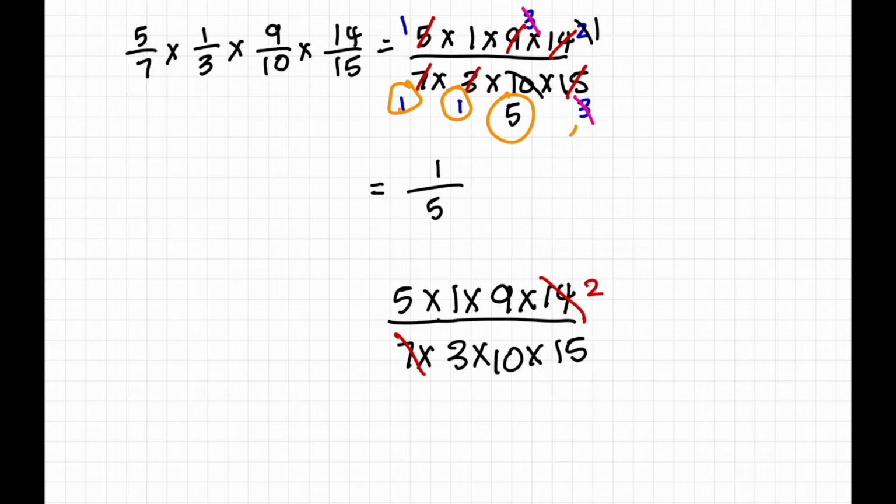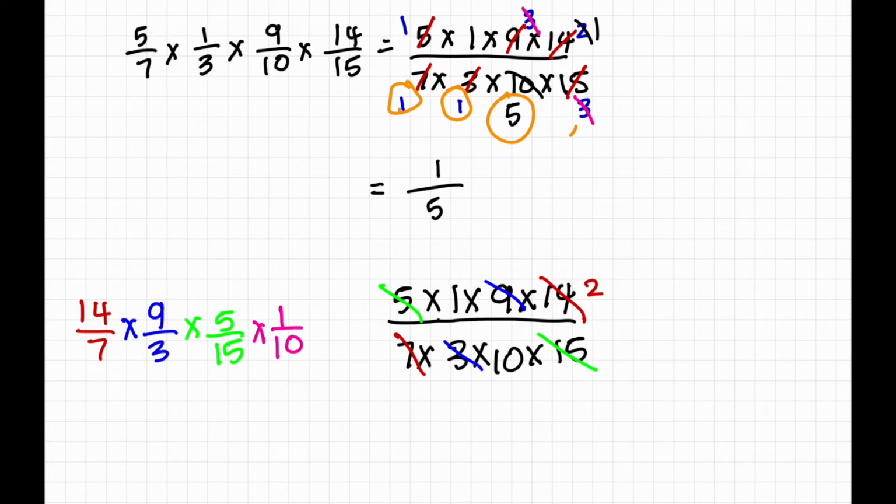And I'll actually write this down on the side. And then we did 9 and 3, right? So I'll write that down. And then what did we do? We did 5 and 15. And then we have 1 and 10 left, right?